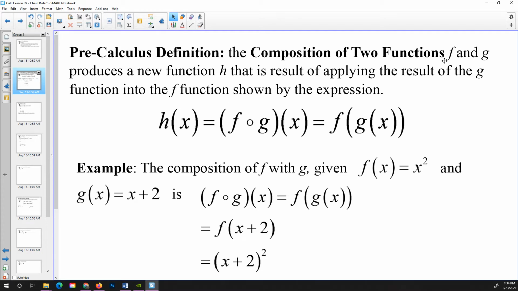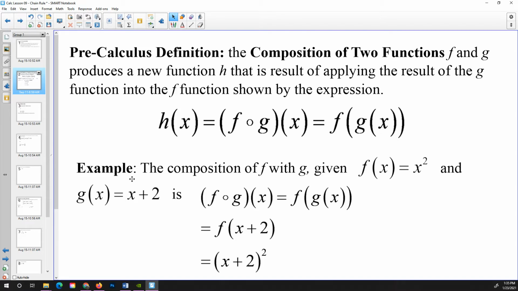The composition of two functions, f and g, produces a new function h that is the result of applying the g function into the f function, shown by the expression h of x is equal to f composed with g of x, which is the g function plugged into the f function.